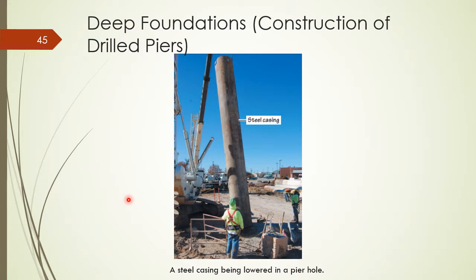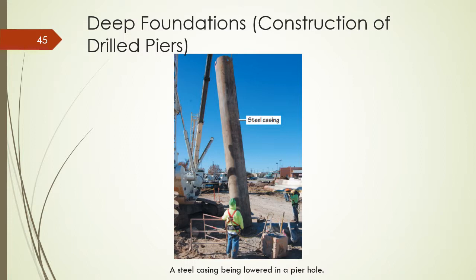Steel casing might be used for a drilled pier. Normally they might be used if the pier is very deep or there's the possibility of soil caving in. They will be extracted as the concrete is installed. They might also be used to prevent water entering where we have water-bearing soils, where we're below the groundwater line.